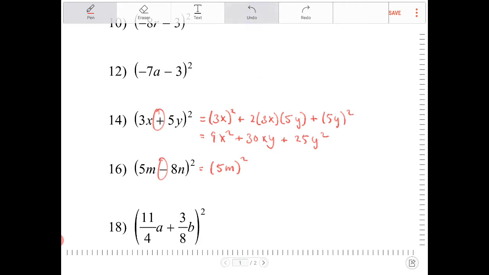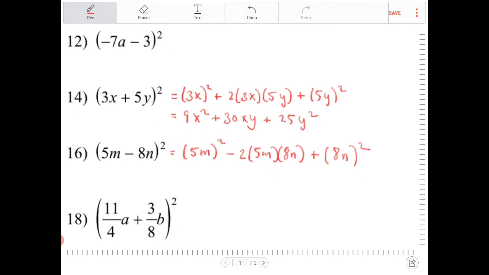So this is going to be minus 2 times 5m times 8n, plus 8n quantity squared. And what will this all reduce to? This is going to be 25m squared minus 80mn plus 64n squared.